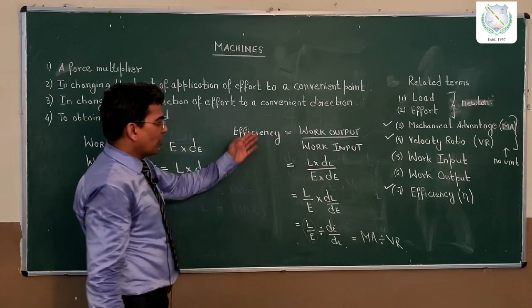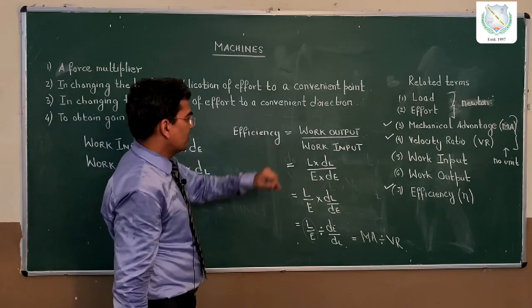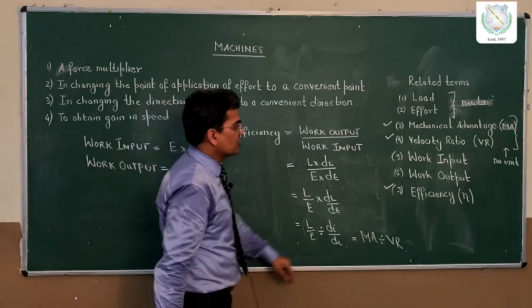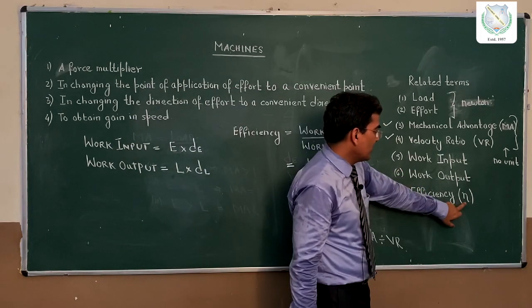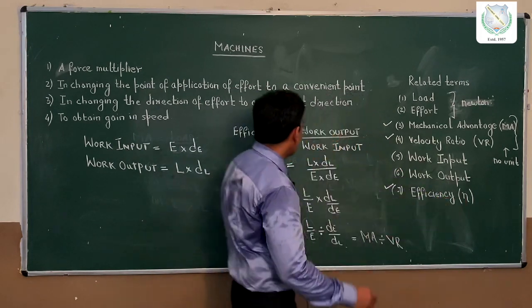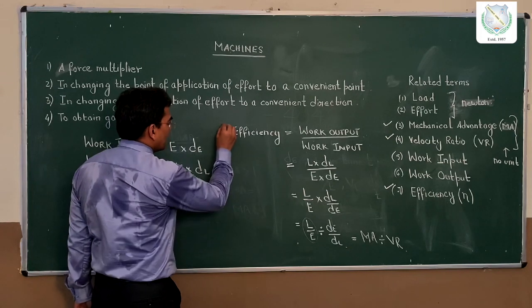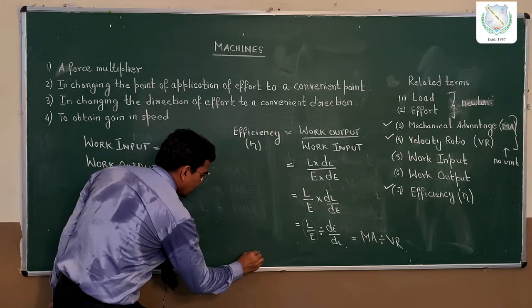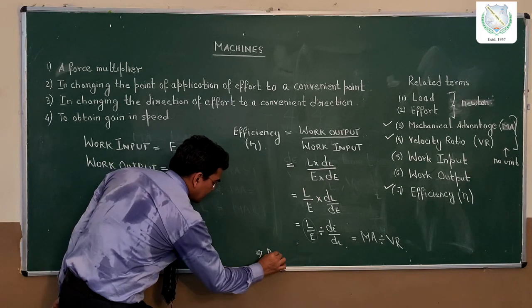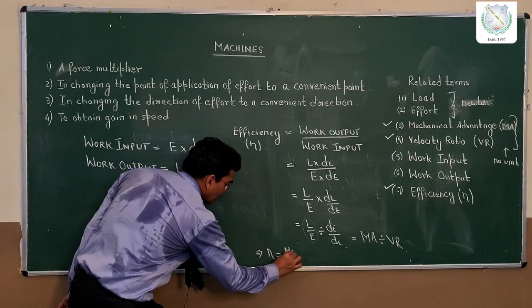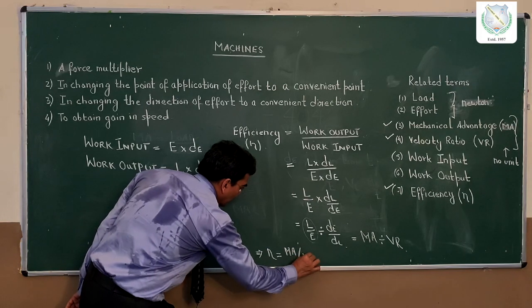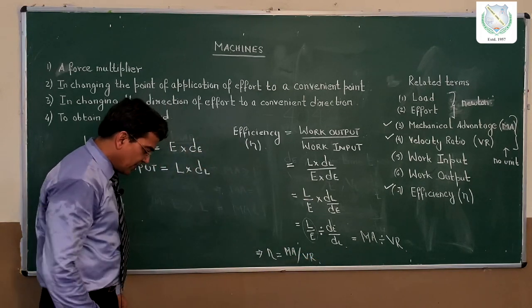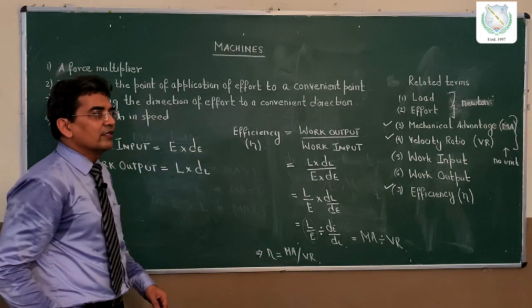So finally, what relation are we getting between these three terms? This is efficiency, which can be represented by the symbol eta. Finally, the result we get is efficiency is equal to MA upon VR. So this is the relation between the three.